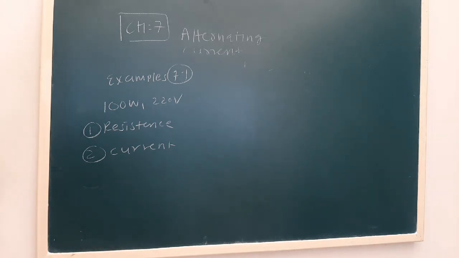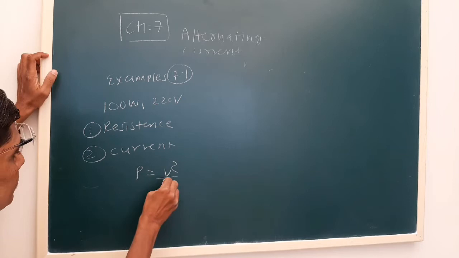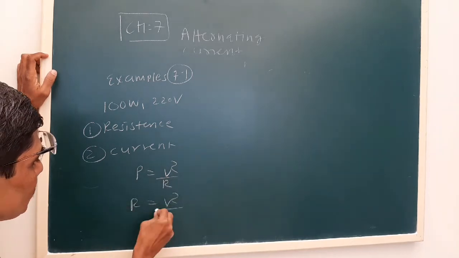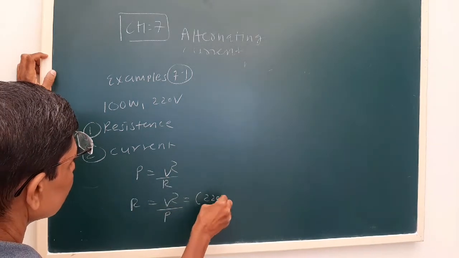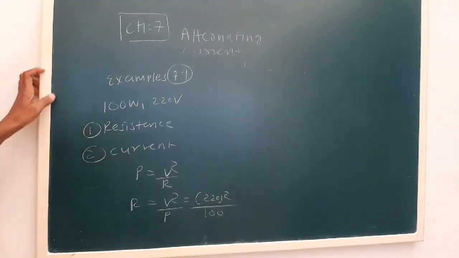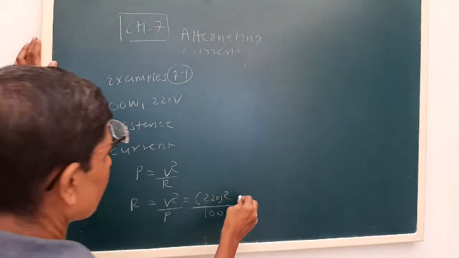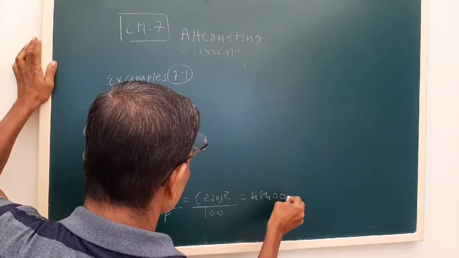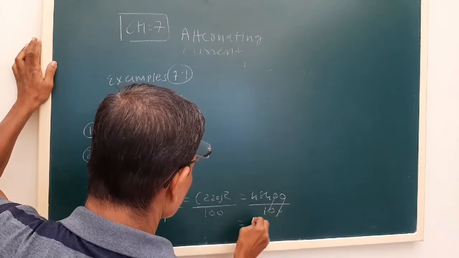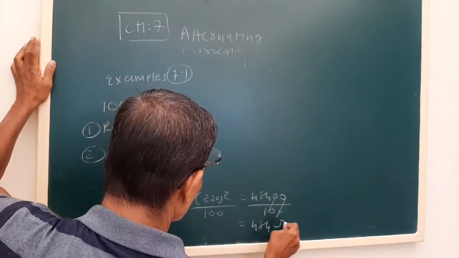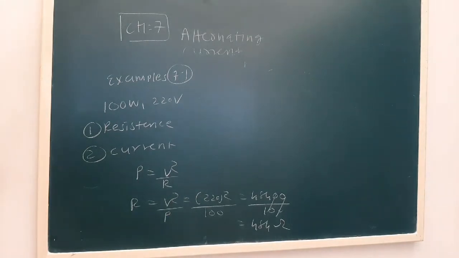We have to find out the resistance. Our formula is P is equal to V square by R, so R is equal to V square by P. So the resistance is 484 ohm.